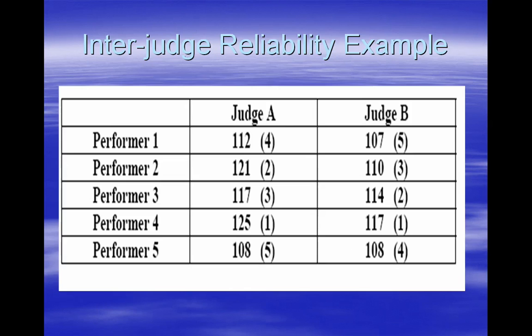They both judged Performer number 4 as the highest performer, but they differ in some other areas, as you can see. And so we're going to use those differences to calculate Spearman-Rho. If there were no differences, then the interjudge reliability would be 1.00. It would be perfect, in other words. Interjudge reliability can be 0 to +1.